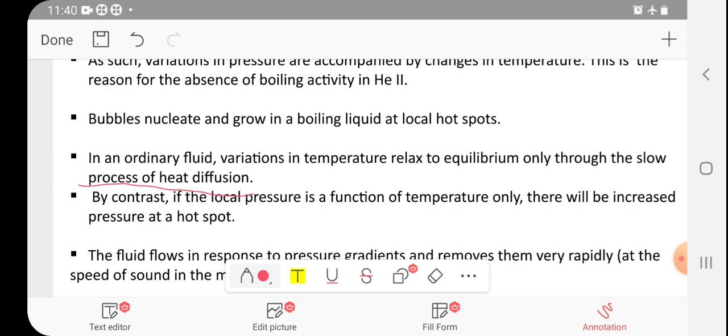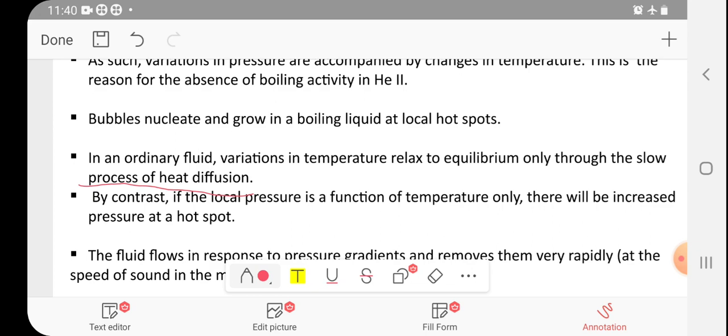So this process of heat diffusion is shown in the case of an ordinary fluid, and through it the variations in temperature relax to the equilibrium state.